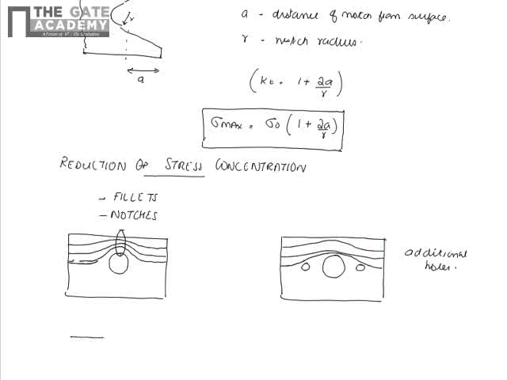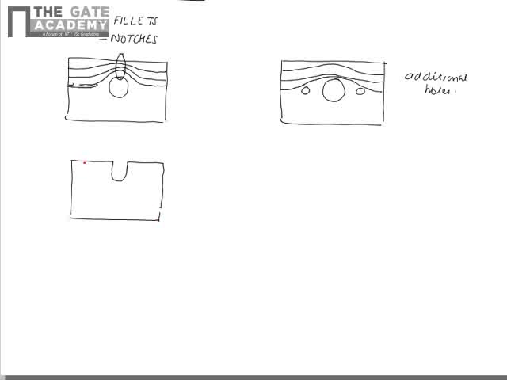Now what happens when we have a notch on the surface of the body? Here also the stress concentration is happening because the stress contour takes a sudden turn near the notch, therefore there is a concentration of stress occurring here. How do we reduce the stress concentration in this location?